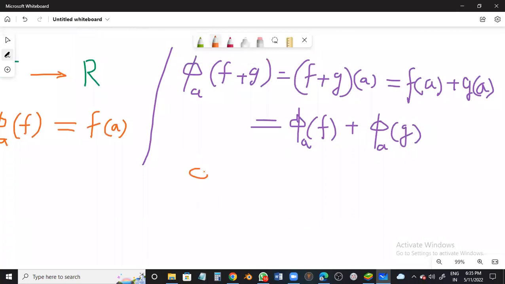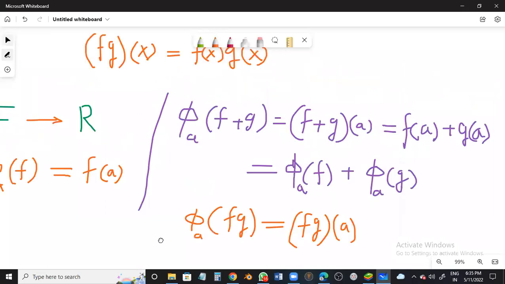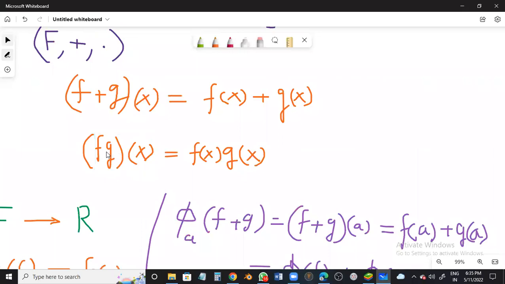Now let us go to multiplication. Let us have phi A operating on F into G. This is nothing but F into G operated on A. This is not a composite map; we are not dealing with composition. Our definition is that F into G when operated on X is just the product of the functional values.